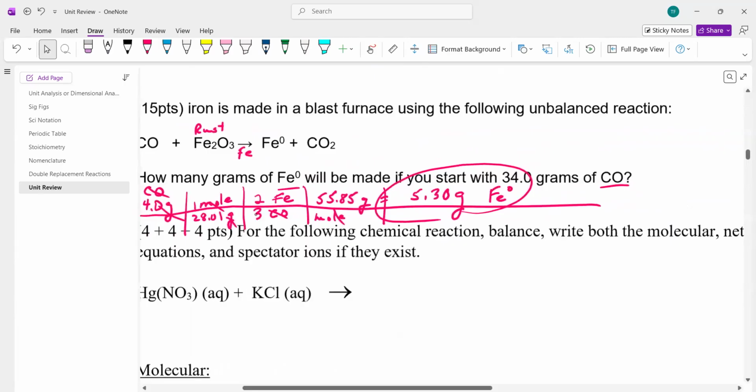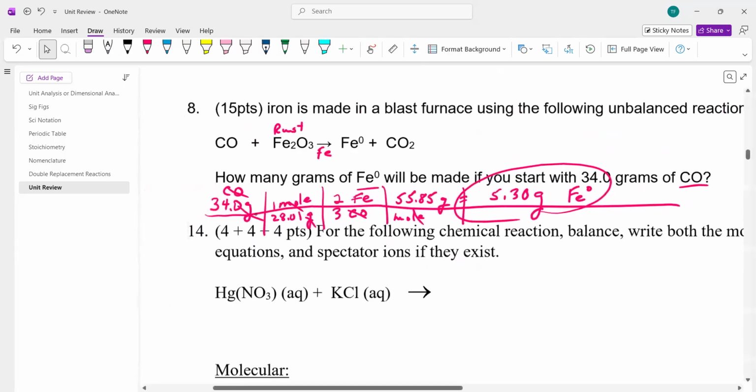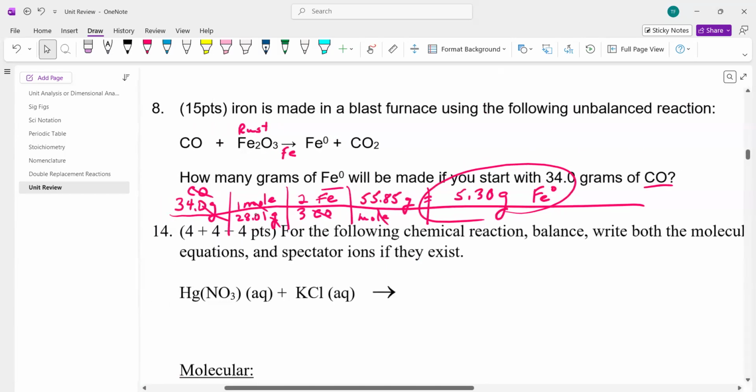I didn't get that number, because ours is 45.2. Wait a minute, let me redo it. I see what happened. Somehow 4 got stuck in there instead of 34.